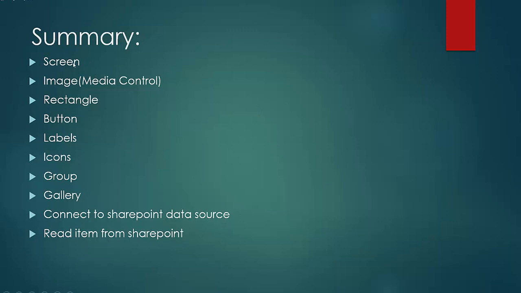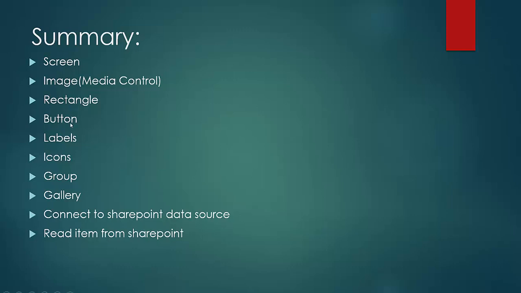In part 1 we covered the screen concept in Canvas app. We saw the image control rectangle. We saw how we can achieve the blur effect using rectangle, and also how we can create the header using the rectangle in our Power App. We saw how inside the rectangle we can embed our title using label control.